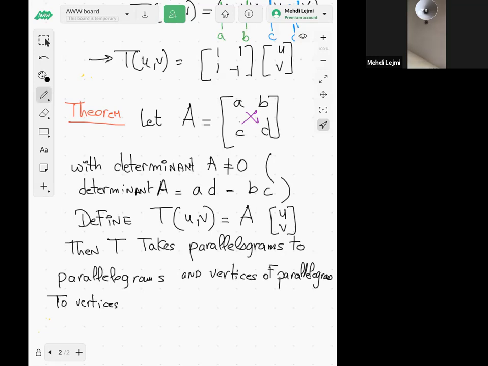But what we are saying is that for this special kind of transformations, linear transformations, the image of a parallelogram would be a parallelogram. And a vertex of a parallelogram is taken to a vertex of a parallelogram, so vertices to vertices.